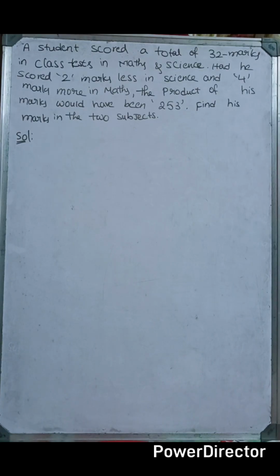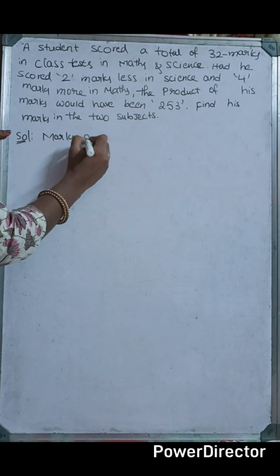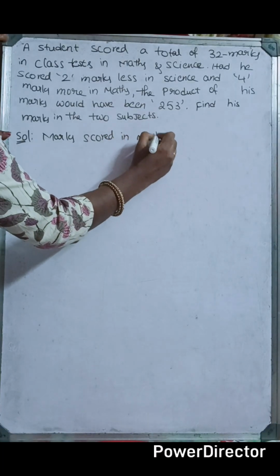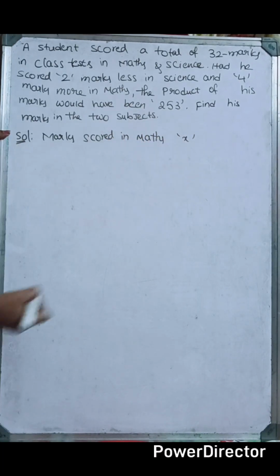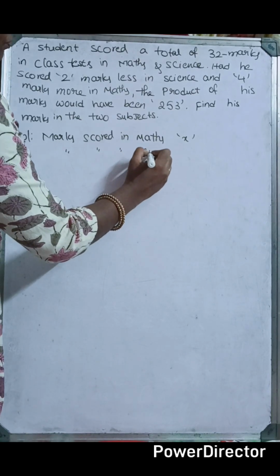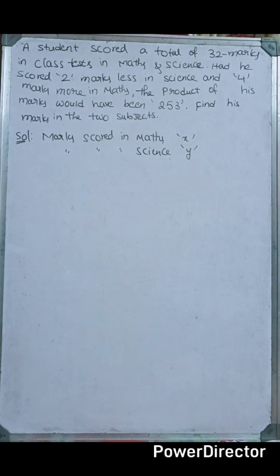To find that, let's assume marks scored in mathematics is X marks, and marks scored in science is Y. As per the given data, a student scored a total of 32 marks in a class test.